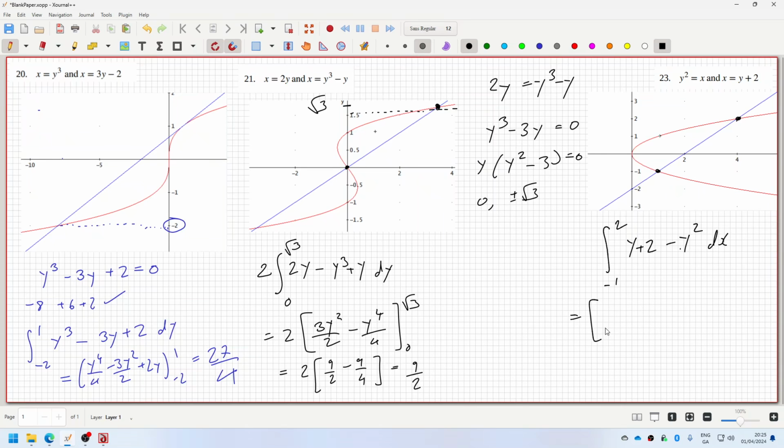And it's the line y plus 2 minus the quadratic. So that's equal to minus y cubed over 3 plus y squared over 2 plus 2y, from minus 1 to 2. So minus 1 and 2 are the limits.